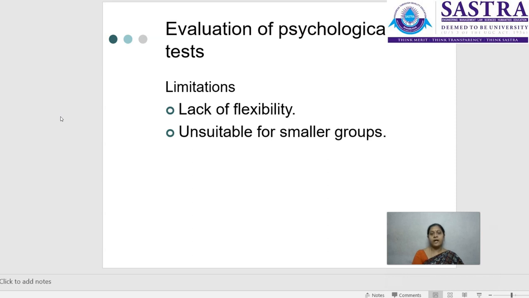Only then can we minimize the cost. Lots of tests should not be conducted for a very small number of people, such that the cost gets maximized. So these are the two limitations with respect to the psychological test.